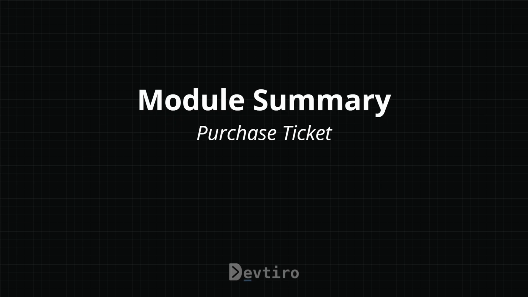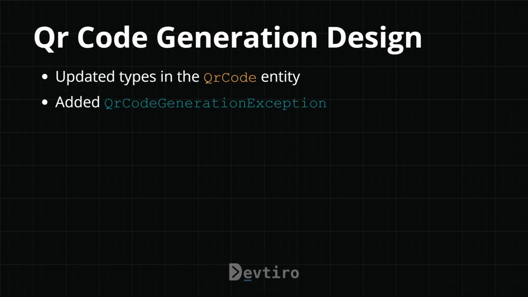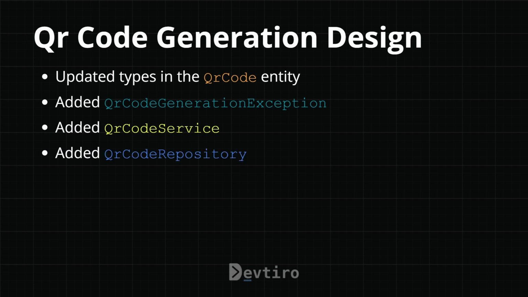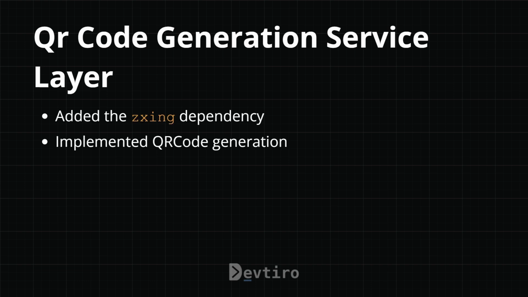So let's recall what we've achieved in the purchase ticket module. In QR code generation design, we updated types in the QR code entity, added a QR code generation exception, added the QR code service, and added the QR code repository. In QR code generation service layer, we added the crossing dependency and implemented the QR code generation.